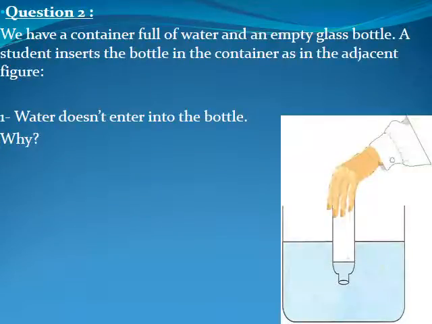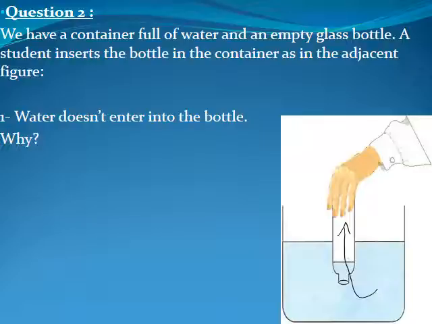Moving to question number 2. We have a container full of water and we have an empty glass bottle. A student inserts the bottle in the container as in the adjacent figure. Part 1. Water doesn't enter into the bottle.